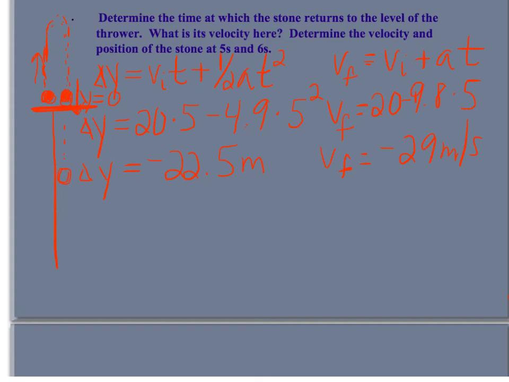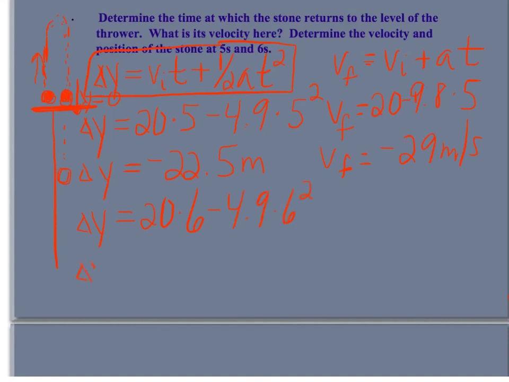The last thing that I want to show you is what about at 6 seconds into the motion? Where is this object then? Again, if you use this same equation that we were using here and plug in 6 seconds worth of time instead, there is something interesting that you'll notice.